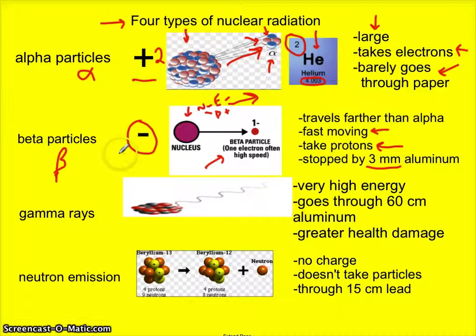But now let's talk about something which can really damage things. Gamma rays. The symbol for that kind of looks like a strange little Y. That's another letter from the Greek alphabet. But gamma particles, they're not made of matter.